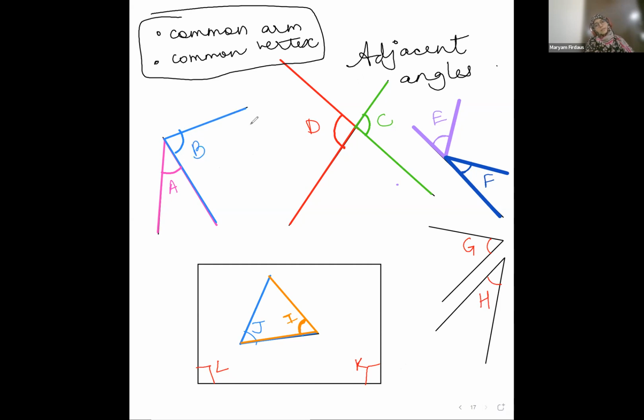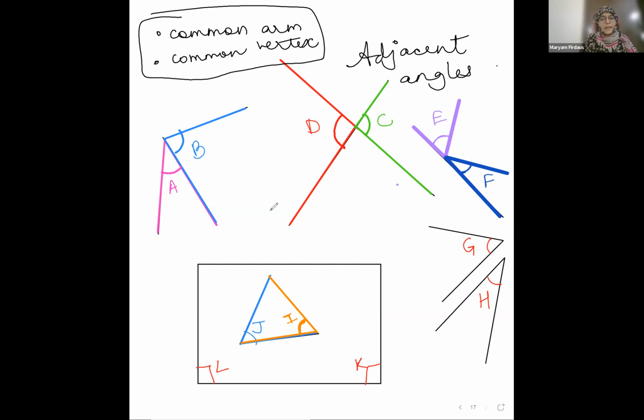How are A and B having a common vertex? See this point? That's the vertex. For this angle, this is the vertex. For this angle, this is the vertex. For angle K, this is the vertex, the point at which the angle is being made.